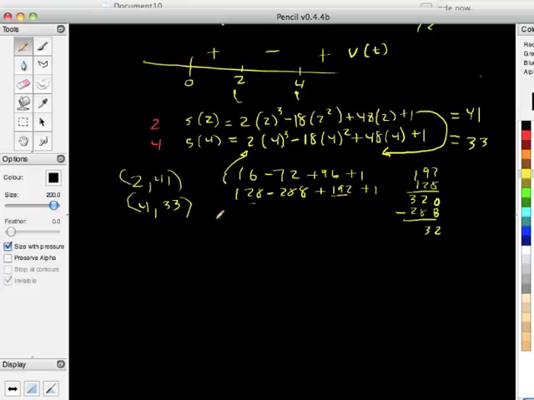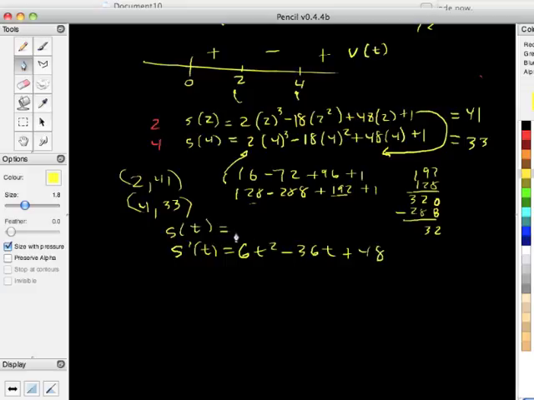What's the position, velocity, and acceleration of the particle at t equals 1? Well, we have our velocity function, s prime of t is equal to 6t squared minus 36t plus 48. I'm just rewriting these things. s of t is equal to 2t cubed minus 18t squared plus 48t plus 1.